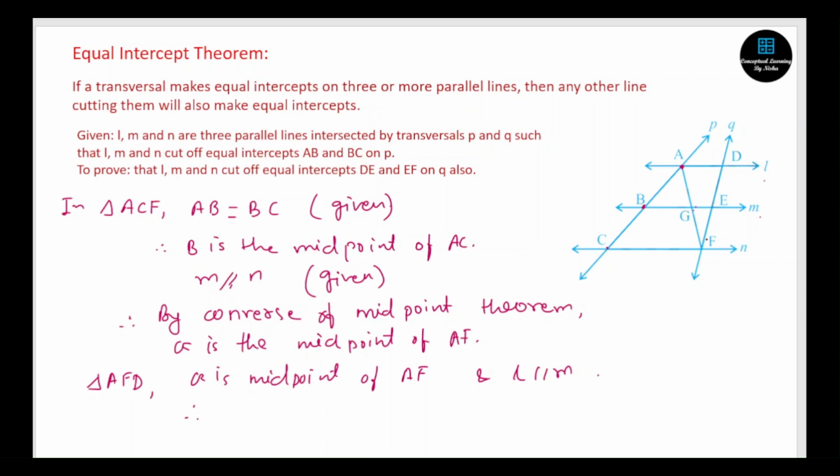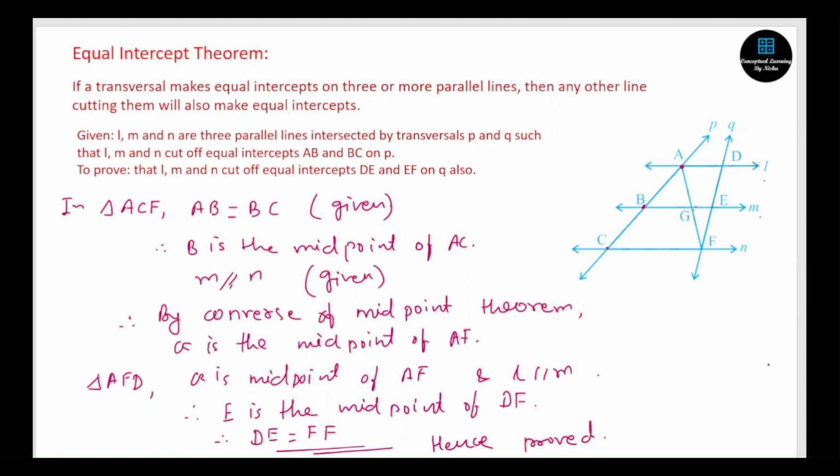E is the midpoint of? Yes, very good. E is the midpoint of DF. Again, converse theorem. So, what we have proved is that DE is equal to EF. Hence proved. Right? Very easy. Great.